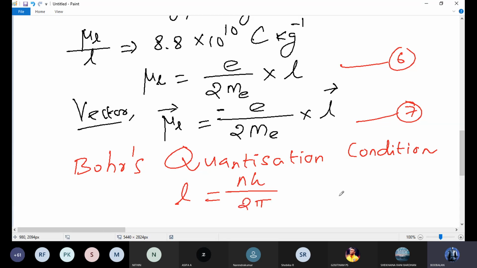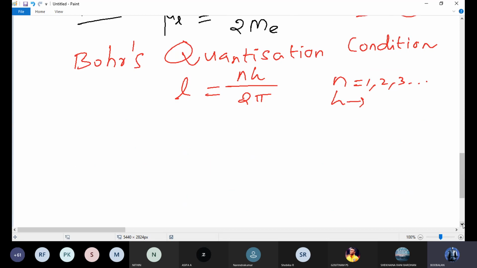The value of n is 1, 2, 3, natural numbers, and h is the Planck constant. So L equals n h divided by 2 pi.